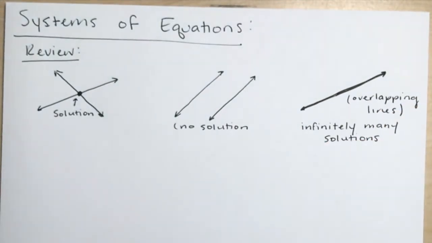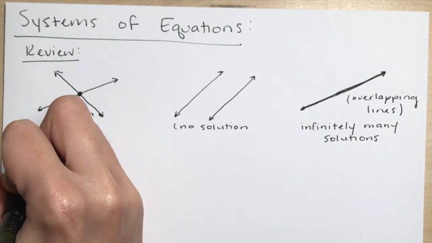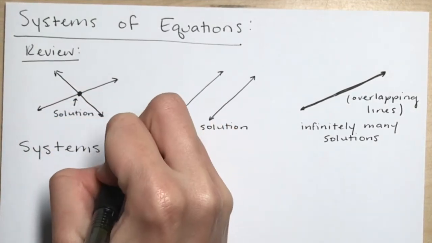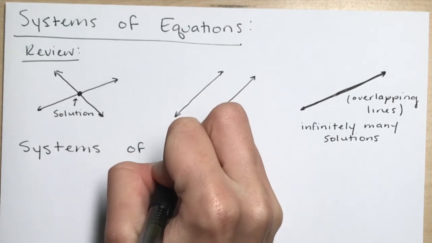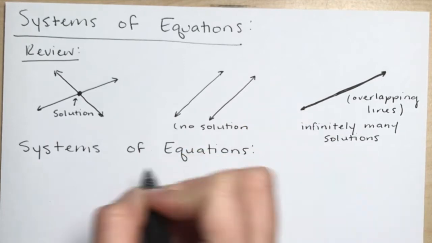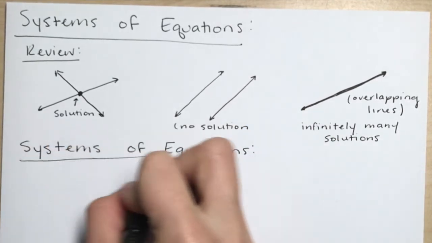So, like we've done with a whole bunch of other topics this semester, we are going to move from just looking at it in the graphical sense towards the symbolic and algebraic sense. The way we can represent systems in an algebraic or symbolic way is like this.